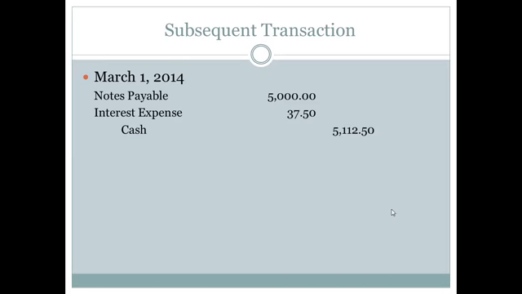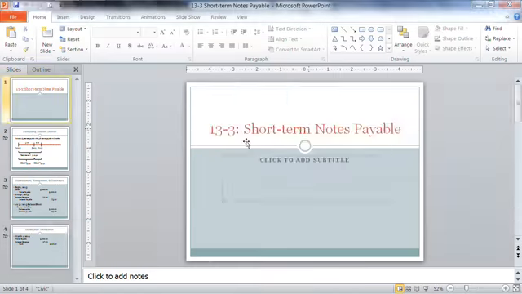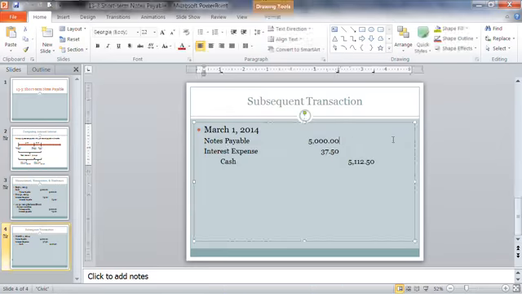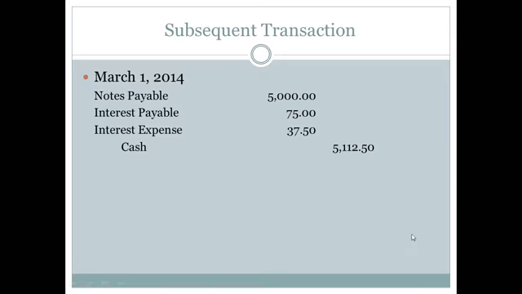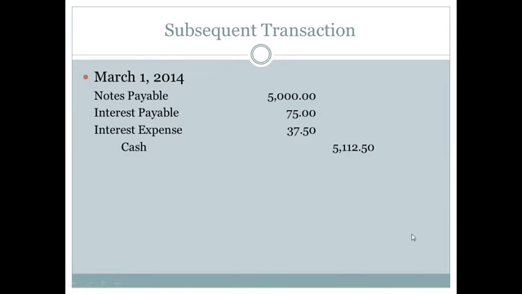And so what had happened is we would need to debit notes payable. We're also going to have a debit to interest payable of the $75, and then we're also going to show interest expense of $37.50. So what's happening on March 1st is we are paying the note, the principal amount, and we are paying the entire amount of interest expense.